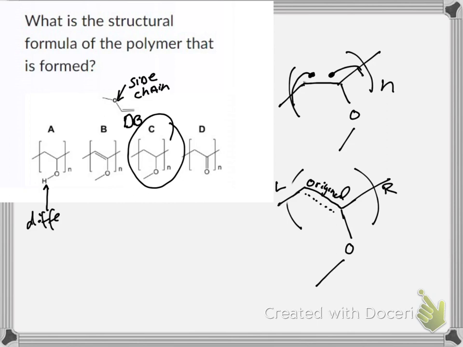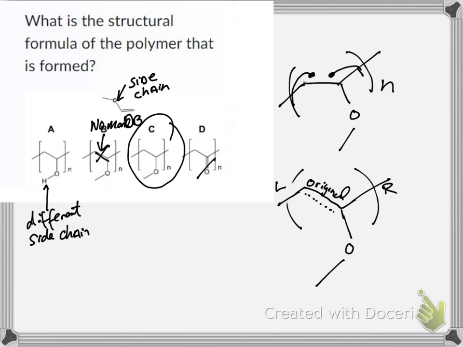If we look at the other answers, A is wrong because now the side chain is wrong. It has a hydrogen there that wasn't there in the original polymer. B is wrong because the double bond hasn't been broken. The double bond needs to break so that it can make the connectors.